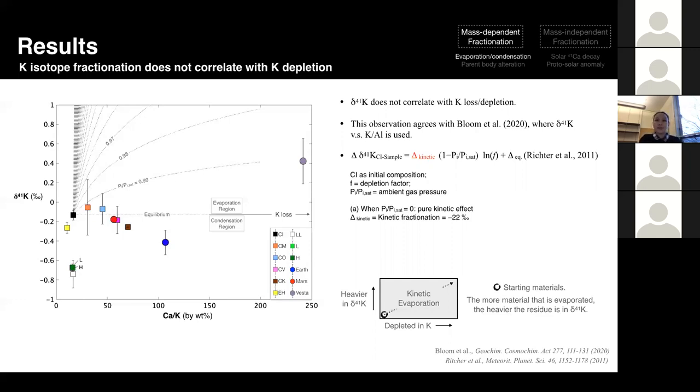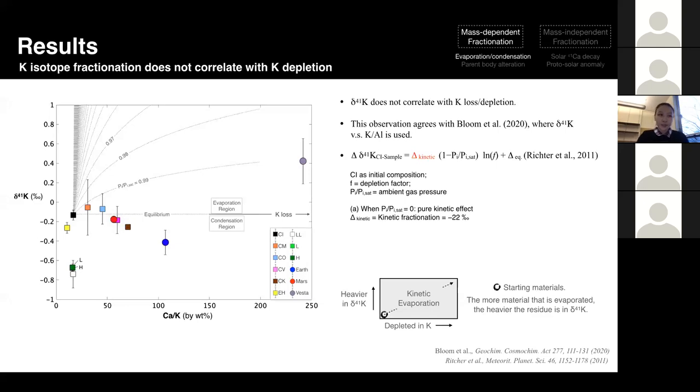So now let's further evaluate whether potassium isotope fractionation among the meteorite groups can be explained by evaporation-condensation processes under either kinetic or equilibrium conditions. Firstly, I'd like to talk about kinetic. The kinetic effect is usually under very low gas pressure, where the term Pi over P saturation is close to 0.